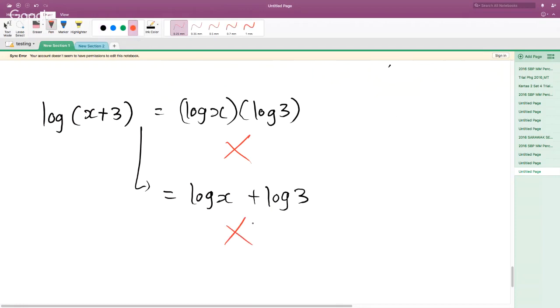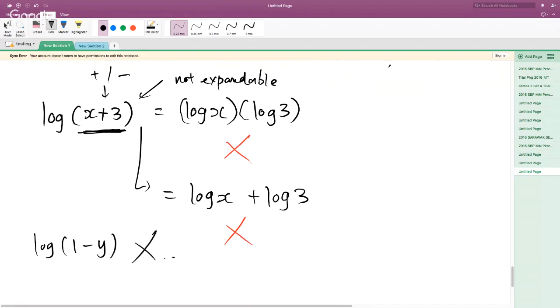Because for log questions, if you see plus or minus inside the bracket, there's no way you can expand it. This one is not expandable. You can't expand log(x + 3). Same thing, if you see something like log(1 - y), you can't expand this one. Okay, this is the first thing I want to say.